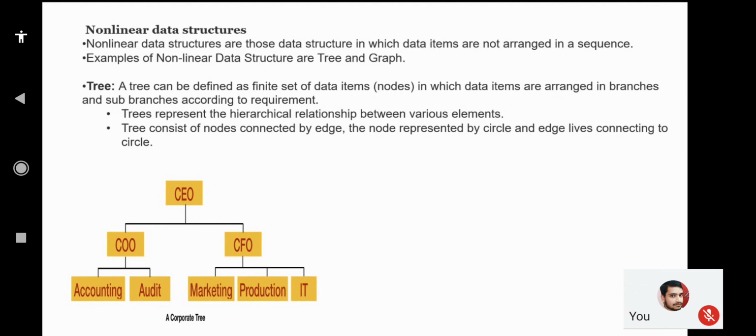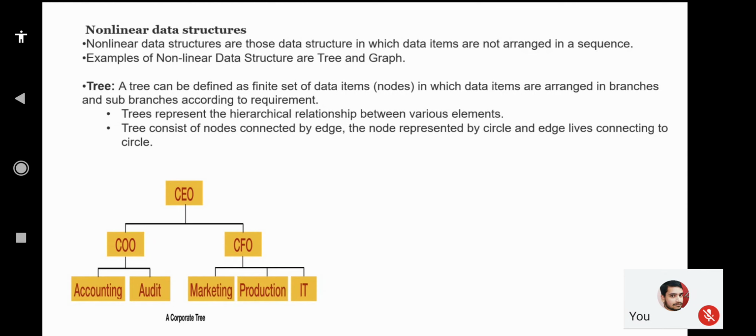So this is an example of a tree. I can also represent some data in a tree, say 5, 6, 7, here 8, 9, and here 10.